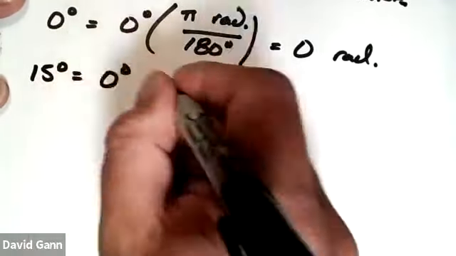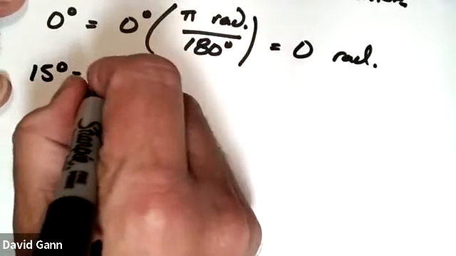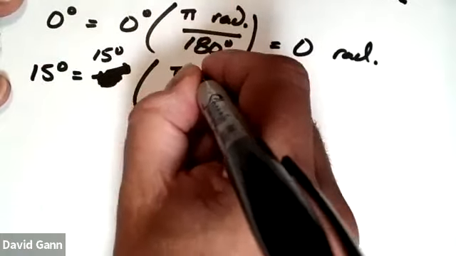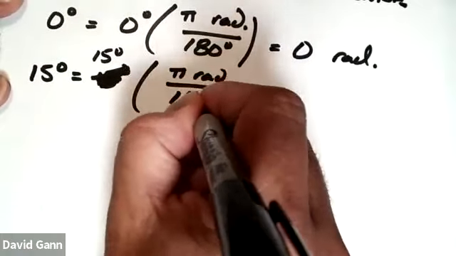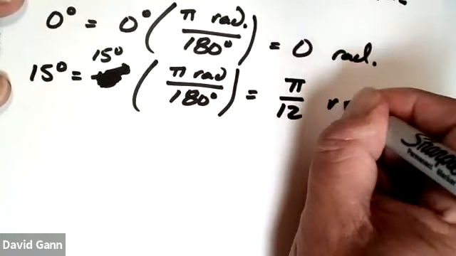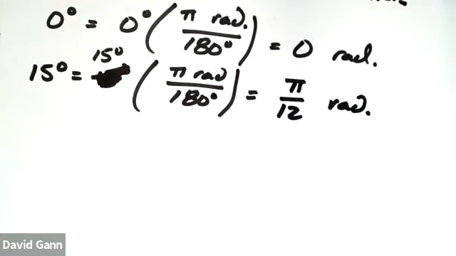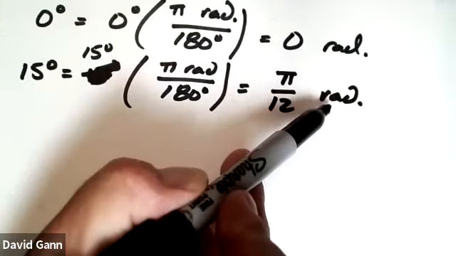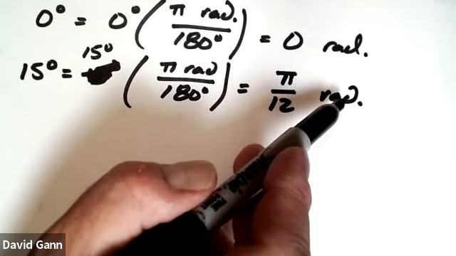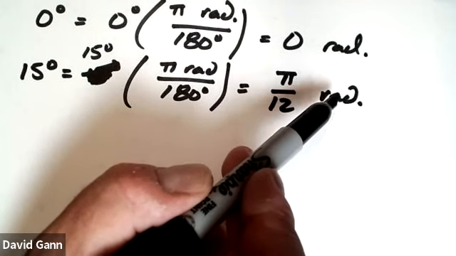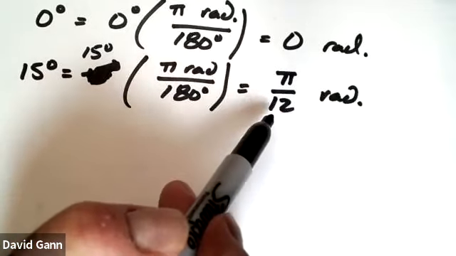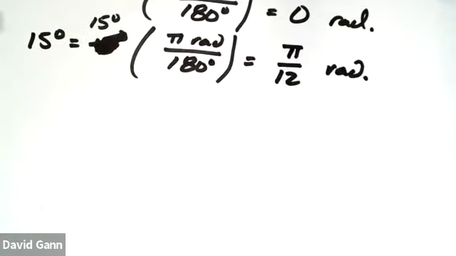Well, to make the conversion, 15 degrees times pi radians divided by 180 degrees turns out to be equal to pi over 12. Okay. And often you'll see in the textbook they drop this unit because, again, it's not really a unit. It is something to clue the reader into understanding that this number is actually a measure of an angle as opposed to some other kind of measure.